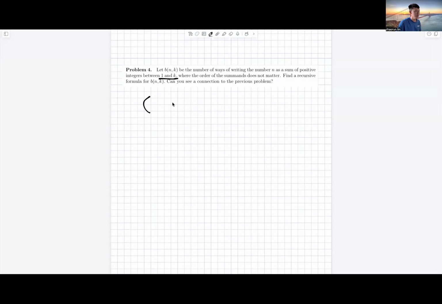If we take k, then the remaining sum is n minus k, right? Since we take k, we still have to represent n minus k where the largest summand is still k, so we still have to represent this sum using integers from 1 to k. So this is the first scenario.